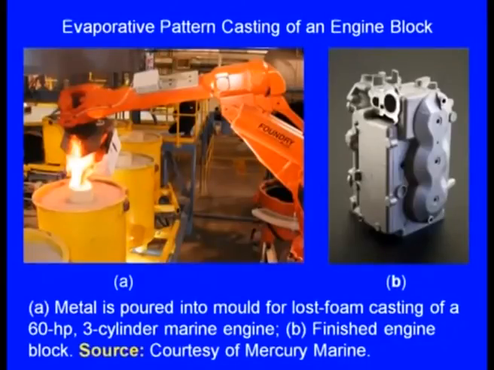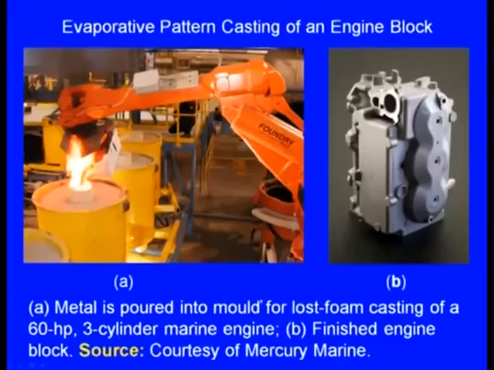After solidification we have to remove this box and the sand, then we have to break the thin shell which we have created with the ceramic, refractory slurry, then finally we get a casting like this.